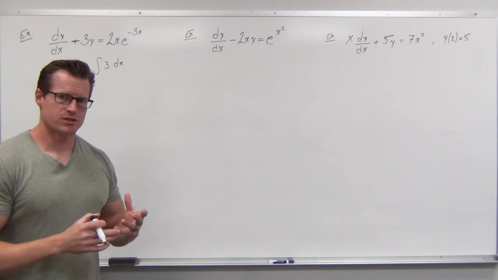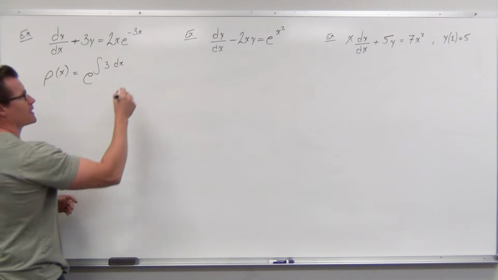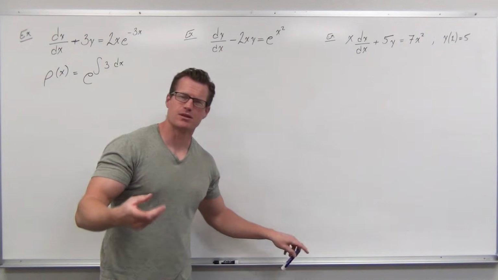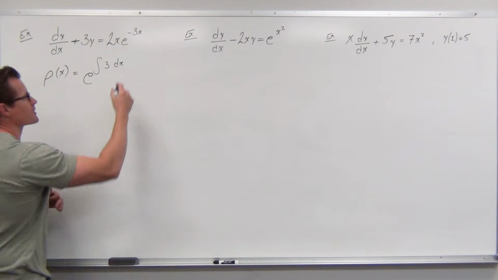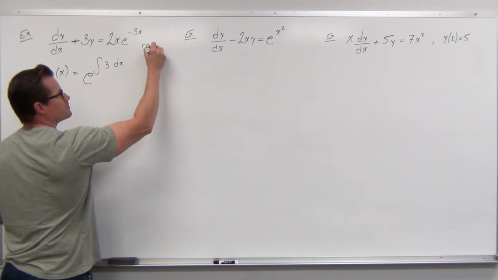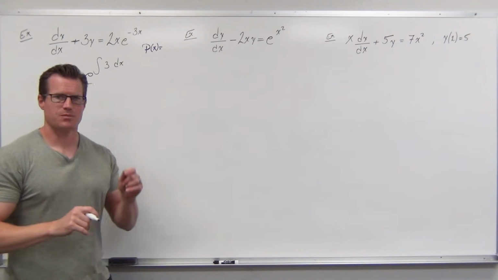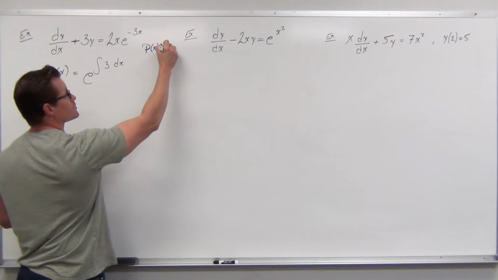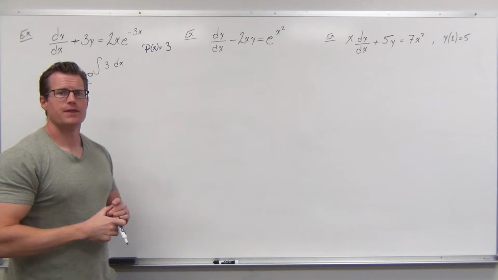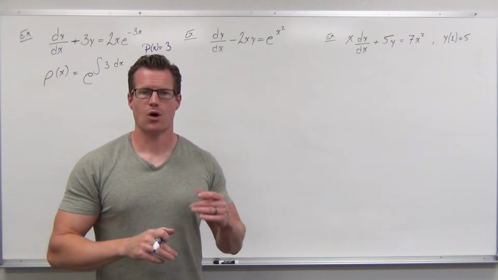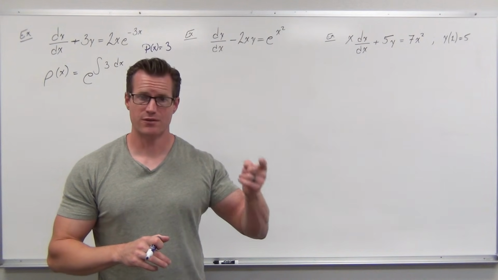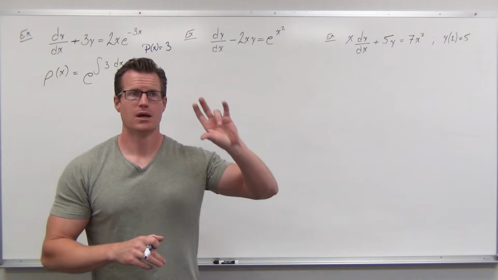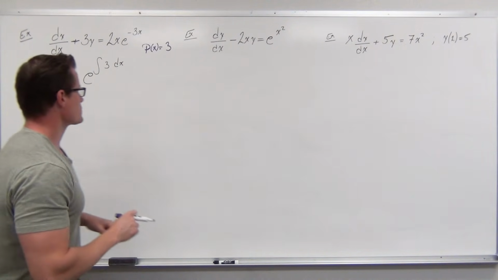Whenever we do these, I would start also and write down what our p of x is. So the first thing we check, hey, does it fit the format of being linear? Yeah, it does. What is p of x? P of x is the piece, the coefficient or function of x that's connected to your y variable first power. In this case, it's just 3. That is the piece you're going to be integrating every time. So you're always integrating a 3 because the derivative of that antiderivative needs to give you back 3 when you take the derivative of the exponential.